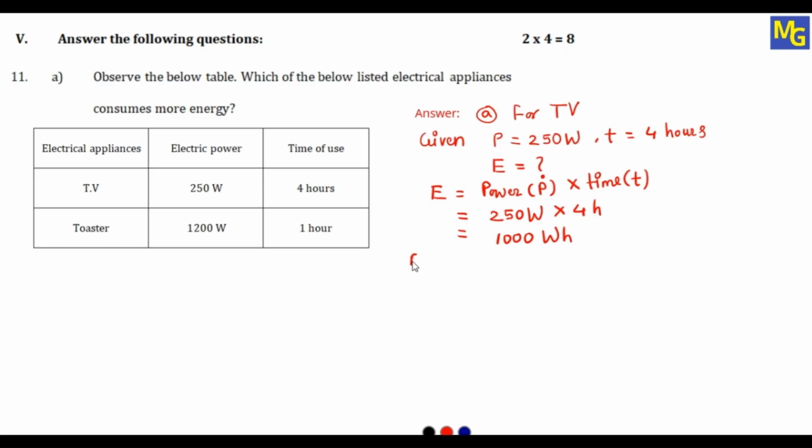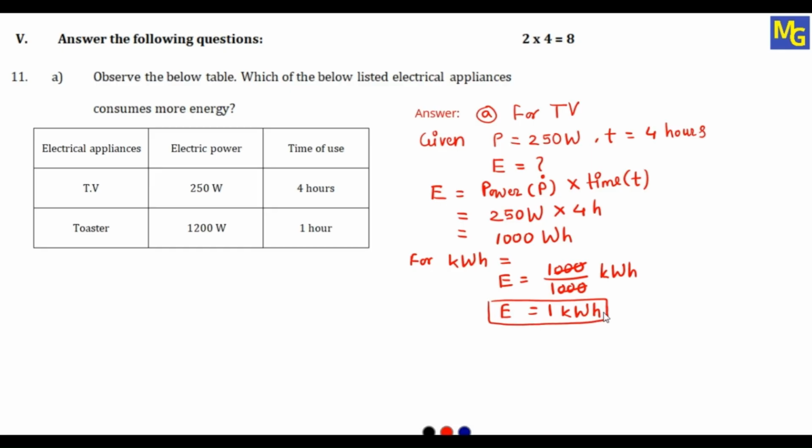So energy equals 1000, which we got earlier, divided by 1000. Whatever answer we get will be in kilowatt hour. Zeros cancel, and the answer is energy equals 1 kilowatt hour.